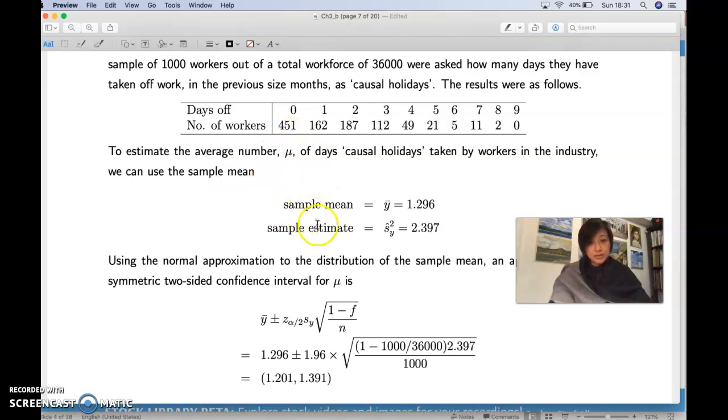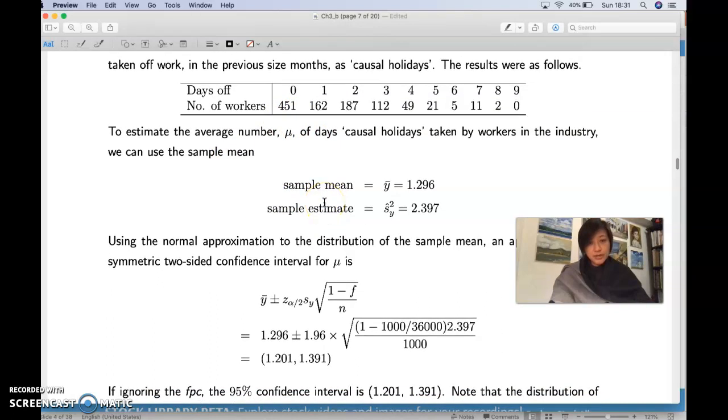In this case, we can use the summation of 0 times 451 plus 1 times 162 plus 2 times 187, etc., and then divide by the total number of workers. We find that the sample mean is around 1.296. So on average, the number of days that the workers are taking off is around 1.296.